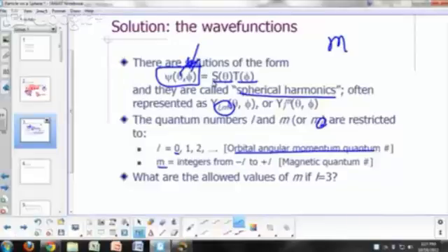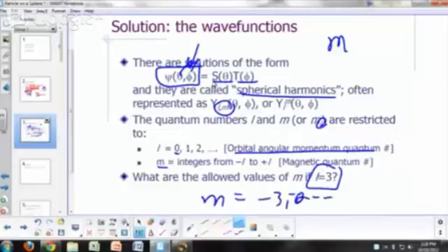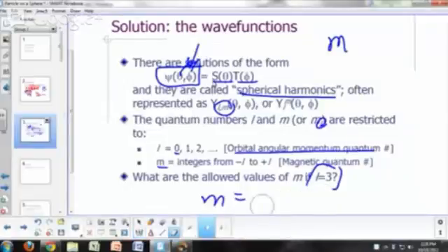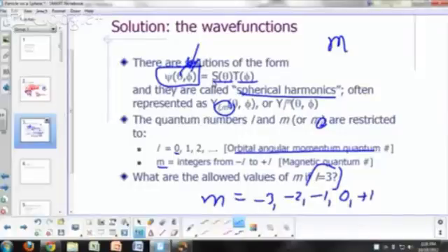And for m, now you have additional restrictions. Whereas before we just said m must be 0, plus or minus 1, plus or minus 2, plus or minus 3, this time m cannot exceed plus or minus L. So it only goes from negative L all the way to positive L. So, for example, what are the allowed values of m if L equals 3? m can be negative 3, negative 2, negative 1, 0, plus 1, plus 2, and plus 3.